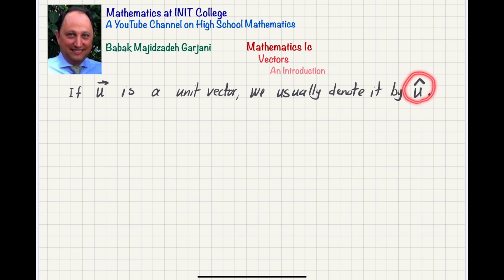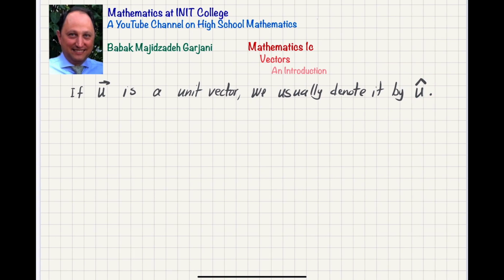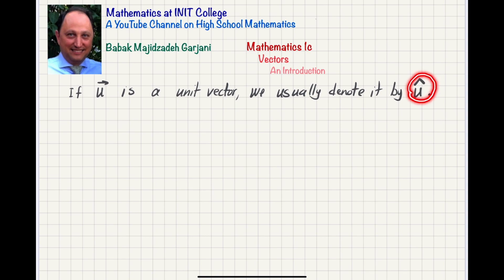Of course, I don't know if it is used in your book or not, but these are very important things to remember. If you see this symbol instead of this arrow, it is telling you two things. It is telling you that this quantity is a vector, but because of this hat, this vector is of unit length.